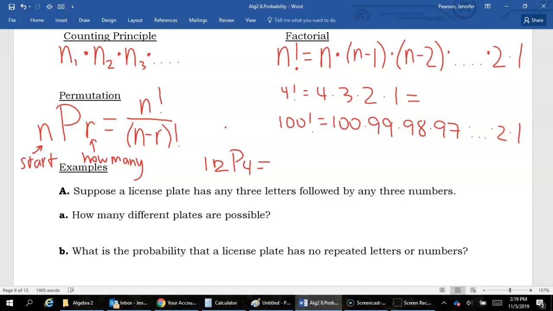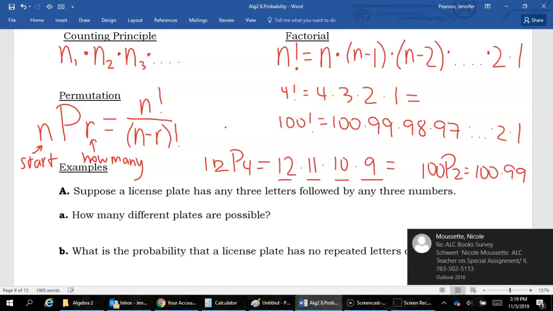So I have a little 12, a normal P, and then a little 4. What that means is start with 12, and we will count down so that we have 4 numbers. We always count down, just like we did with the factorial. So that's 12 times 11 times 10 times 9. If I had 100P2, that would be 100 times 99.